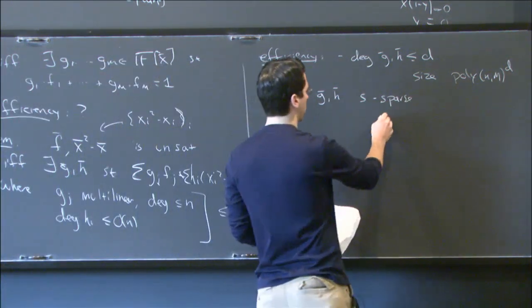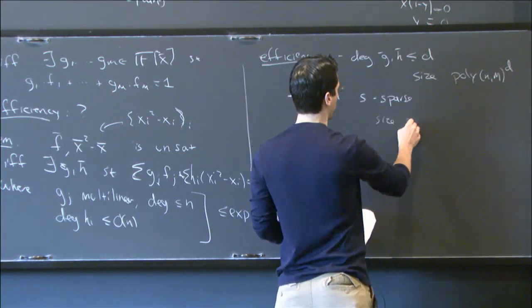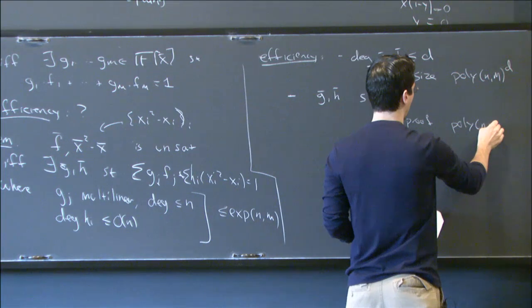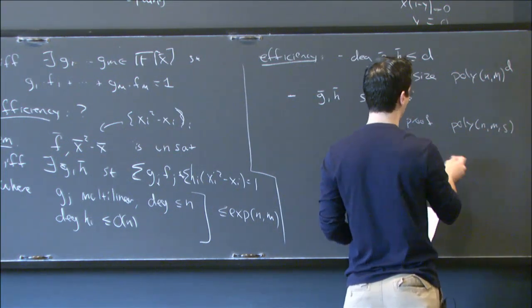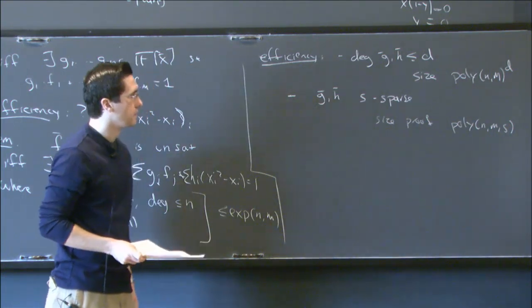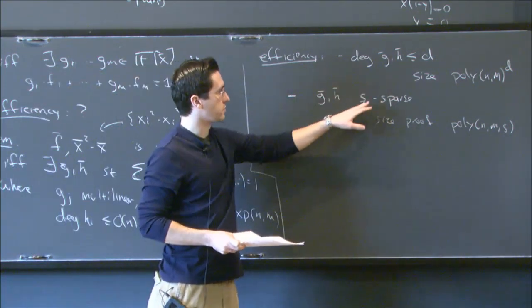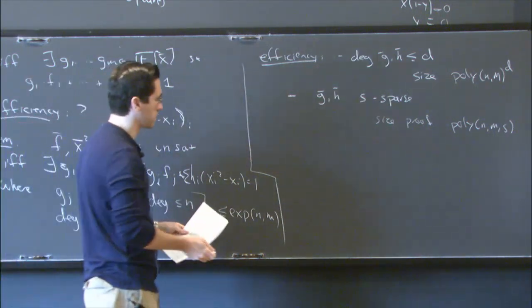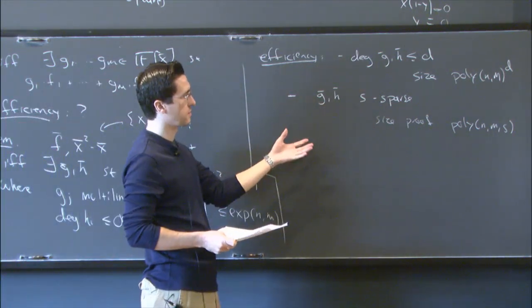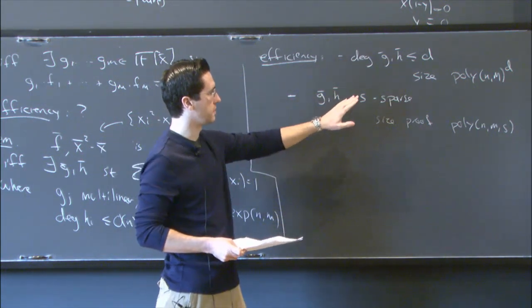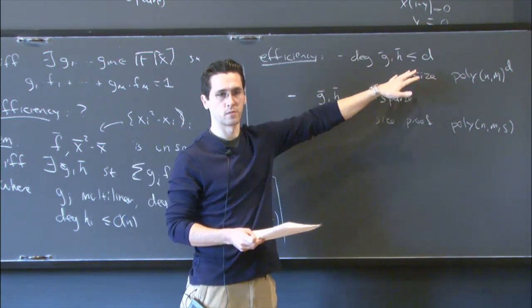In this case, the size of the proof is, say, polynomial in n, m, and s, in some natural situations at least. And so if either of these parameters are small, then you get a small proof. But you can ask, can we come up with explicit systems of polynomial equations where any proof must be non-sparse and high degree?